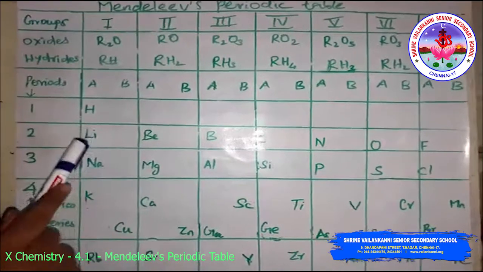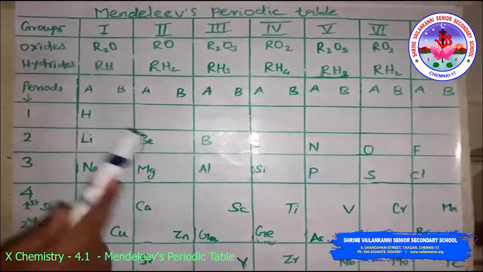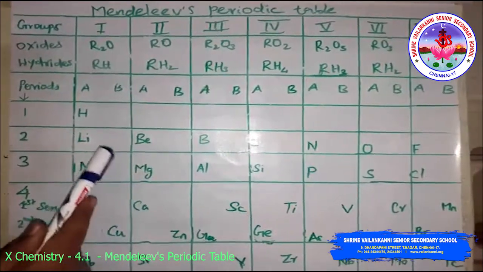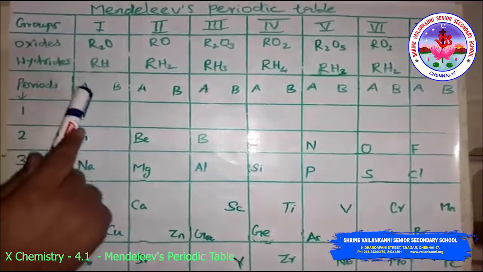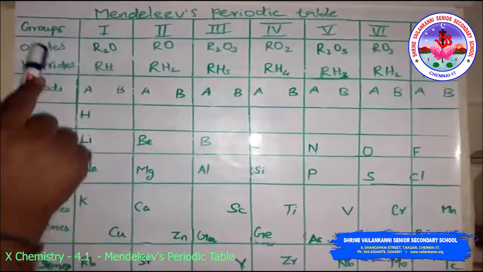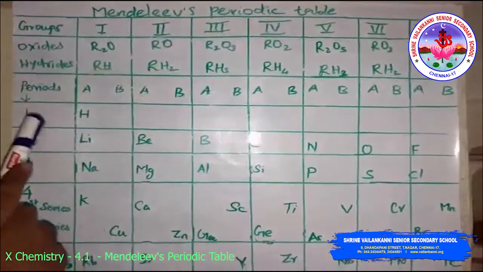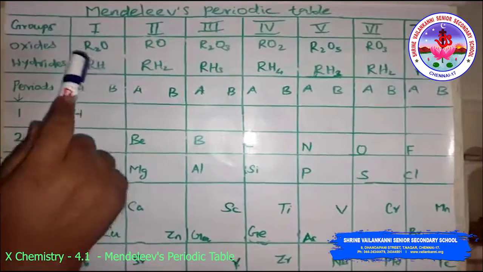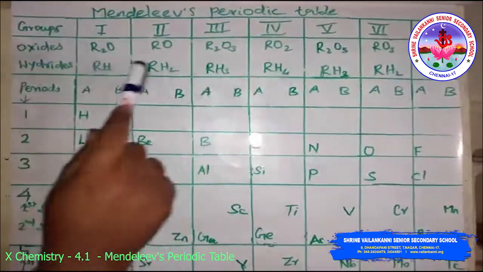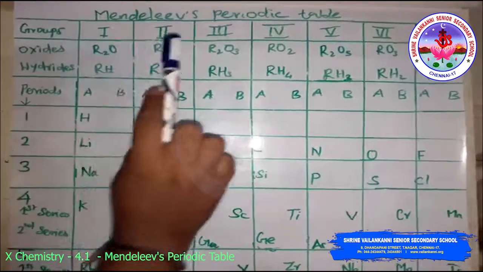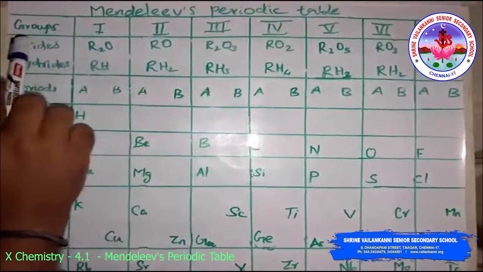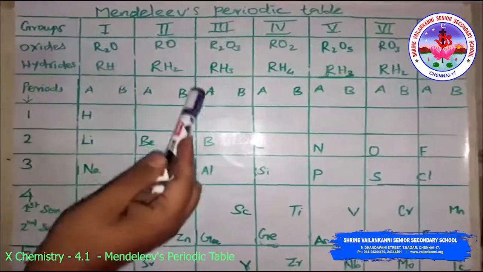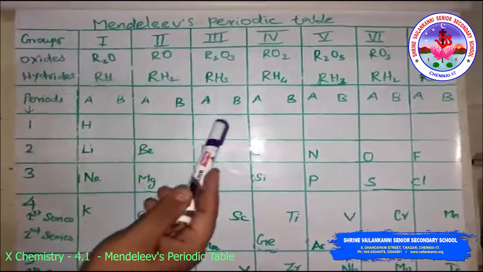Mendeleev's periodic table contains groups and periods. The vertical column is called a group, and the horizontal row is called a period.